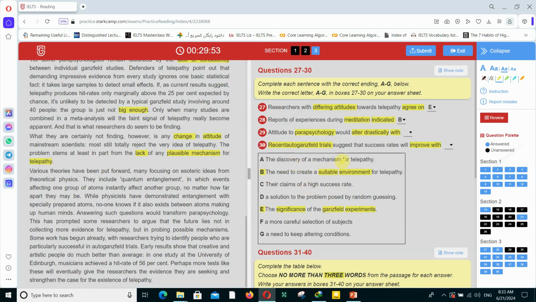The discovery of a mechanism for telepathy. The lack of any plausible mechanism, yes, actually this is the answer. It needs to change because there is a lack of mechanism for telepathy, so it requires discovering a mechanism for telepathy. That's interesting. The first one is your answer for this question.